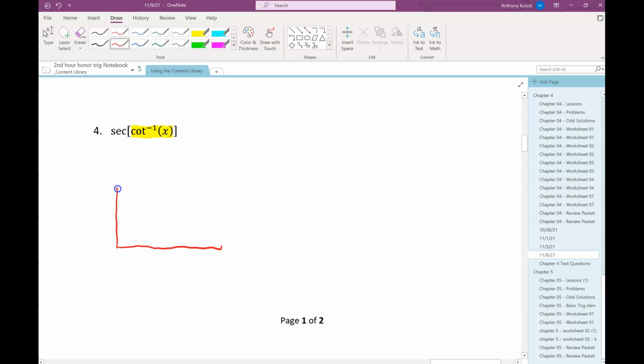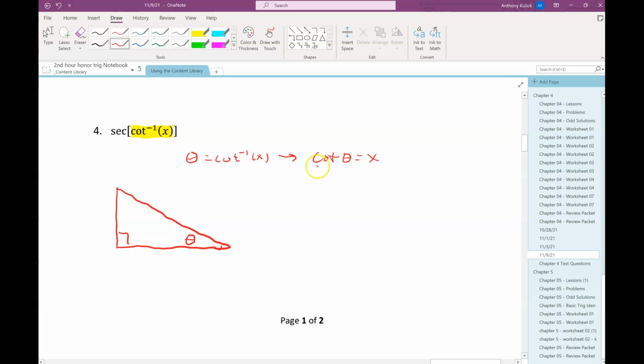So these problems on worksheet 4, we're going to work from the inside out. I'm going to draw a triangle, not just any triangle, but a right triangle, and label one of the acute angles as my theta. The inside part says that theta is cotangent inverse of x, which is equivalent to saying cotangent of theta is equal to x.